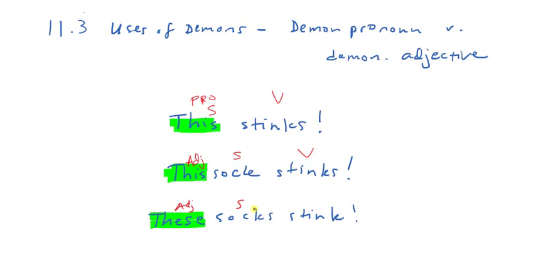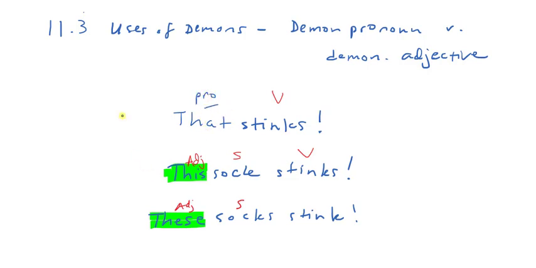I'm using the near demonstratives for these examples, but I could replace them all with the far demonstratives just as well, couldn't I? I could change this to what? I could change it to that. That stinks. Is this a pronoun or an adjective use of the word that?